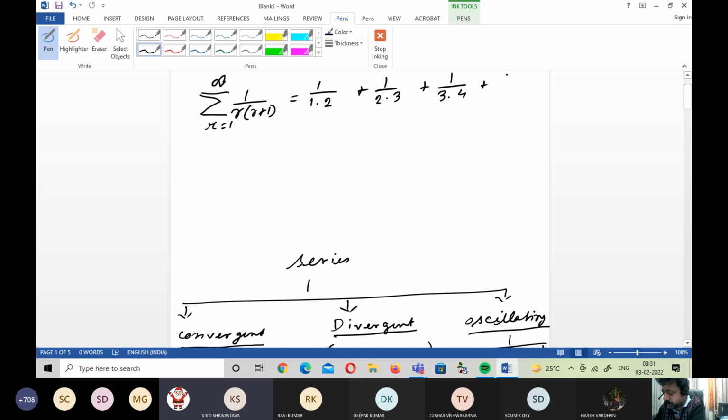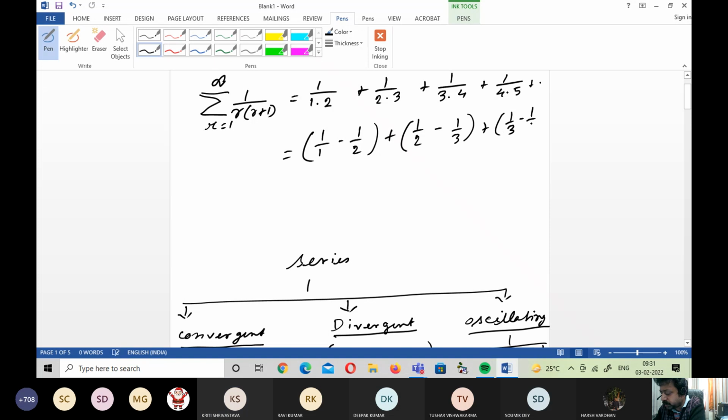1 by 4 into 5. In this way it will go. So this can be written as 1 by 1 minus 1 by 2 plus 1 by 2 minus 1 by 3 plus 1 by 3 minus 1 by 4 plus, in this way.